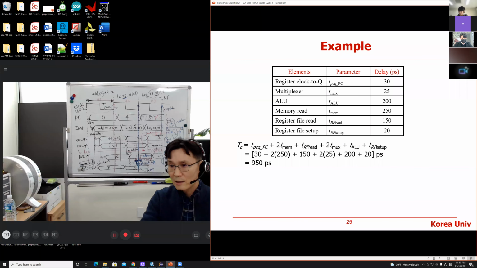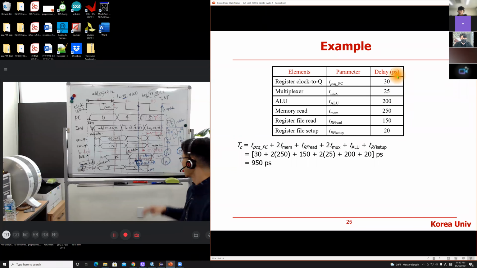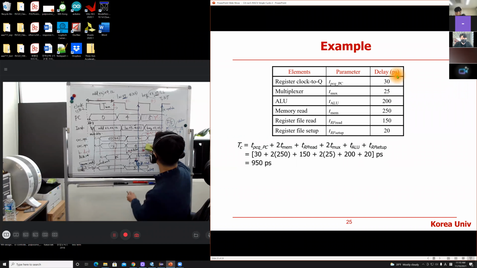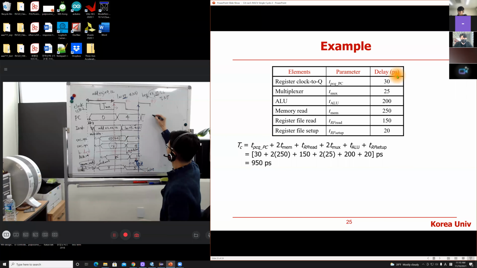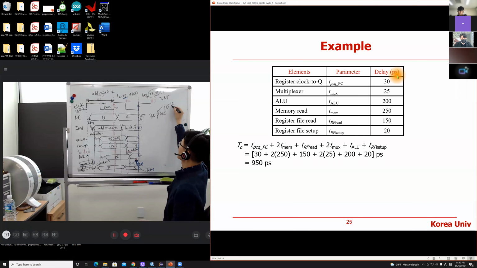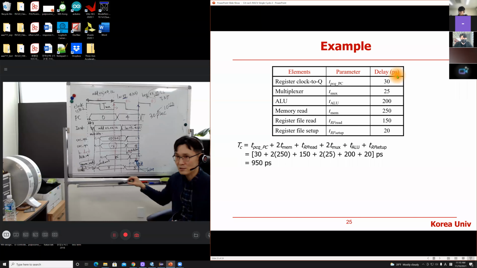So let's assume the flip-flop delay is 30 picoseconds. What is a picosecond? Picosecond is 10 to the power of minus 12. Super small, right?